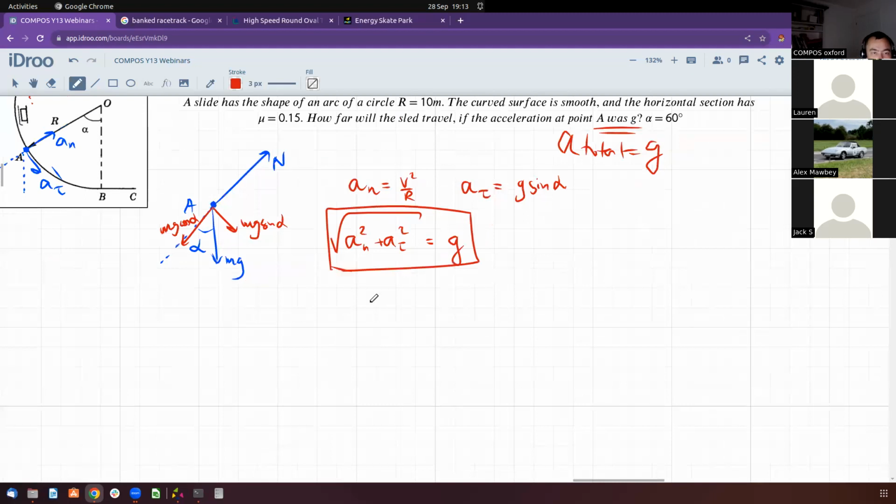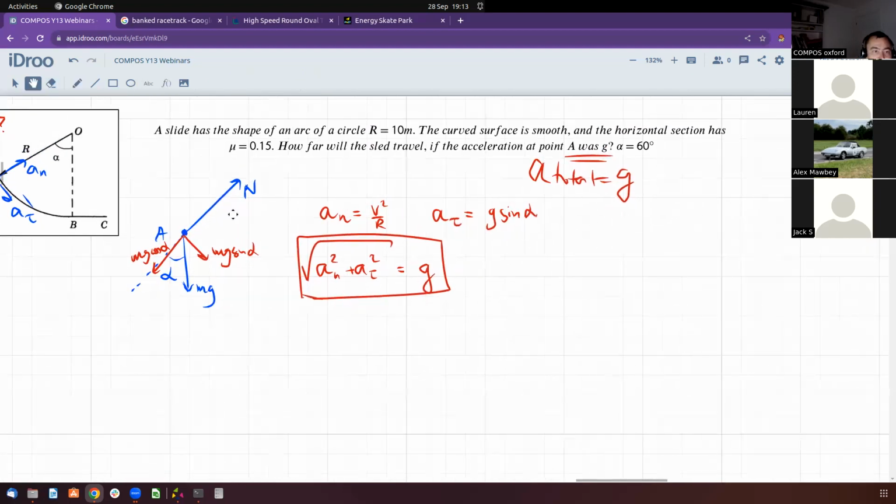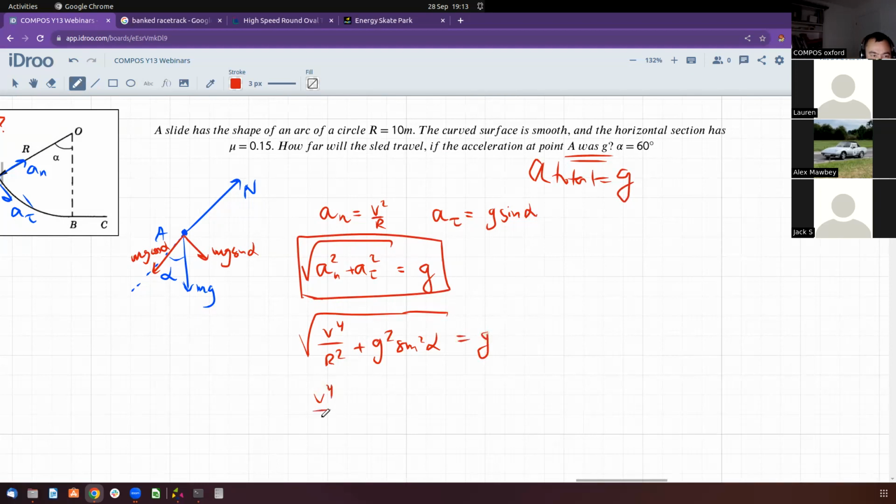Okay. That means a normal is v squared over r. So the square root of v to the power 4 over r squared plus a tau, so g squared sine squared alpha, is equal to g. So v to the power 4 over r squared plus g squared sine squared alpha equals g squared.